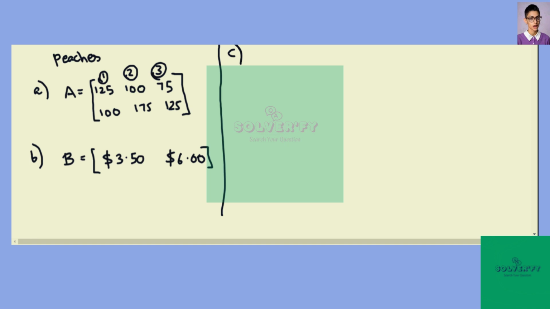Okay? Now, the C part is simply asking you to find out the product of the matrix BA. So I just need to multiply the matrices B with A, 3.50. I'm just ignoring the dollar sign right now for a moment. Okay. And matrix A, 125. I'm just noting down the elements first so that it is easy to multiply it over here.